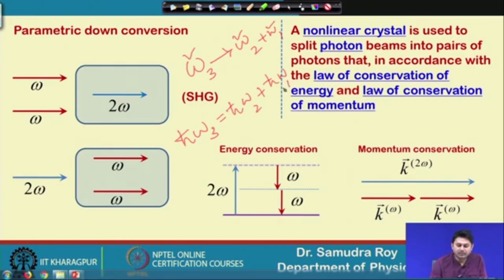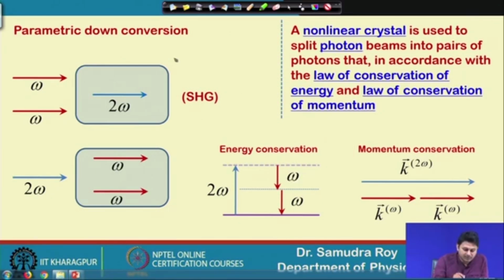So, according to the conservation of energy, omega 3 has to be equal to omega 1 plus omega 2, that is my one equation. This is the conservation of energy equation. Now, for this same treatment, where omega 3 is split into 2 photons, omega 1 and omega 2, the momentum has to be conserved also.